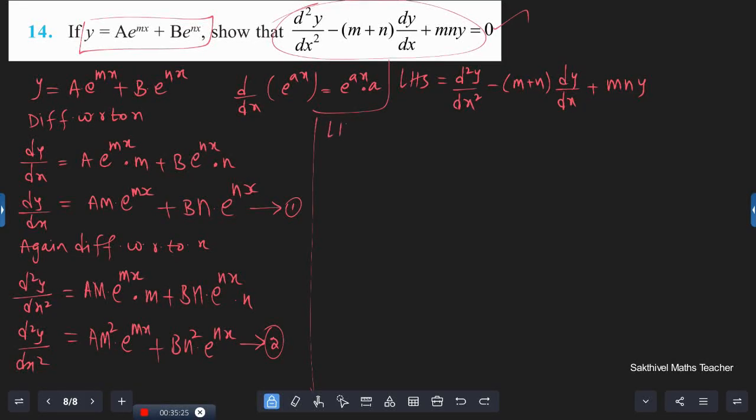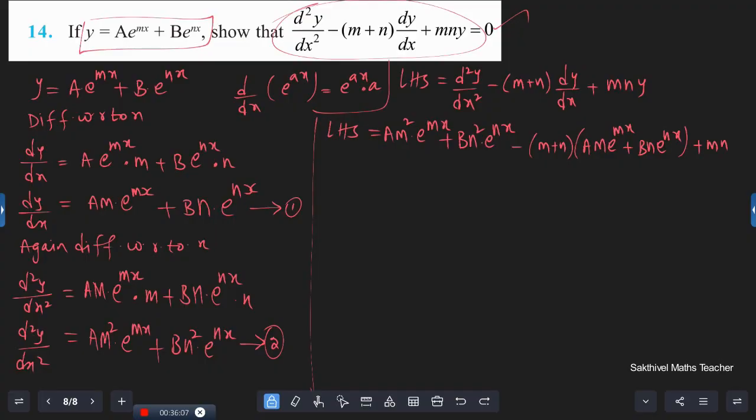So the left hand side: d square y by dx square, answer number 2, is a m square e power mx plus b n square e power nx, minus (m plus n) into dy by dx. dy by dx from answer number 1 is am e power mx plus bn e power nx, plus mn into y.